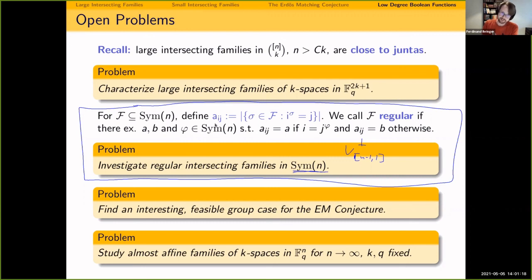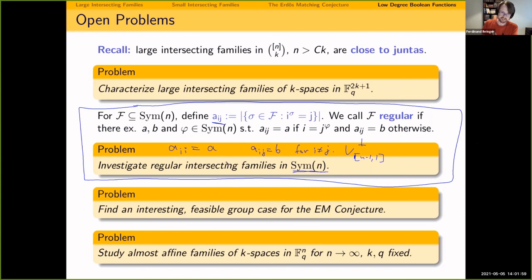But the way here I define constants a_ij, maybe I should just make a simple example. What we want is a_ii always equal to some constant a, the number of things that map i to i, and a_ij equal to some constant b for i not equal to j.